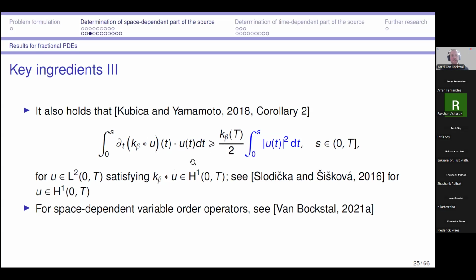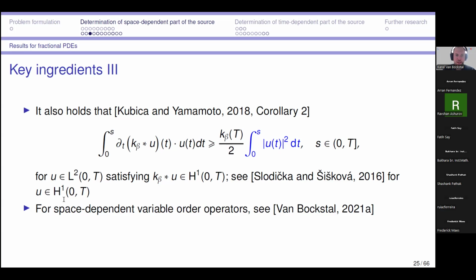This was a similar result, so it's an extension of a theorem of Sacher to the Riemann-Liouville kernel. In fact, it was already shown also in a paper of Slodichka and Siskova in 2016, but they used that also the time derivative of u is in L2, so u belongs to H1.